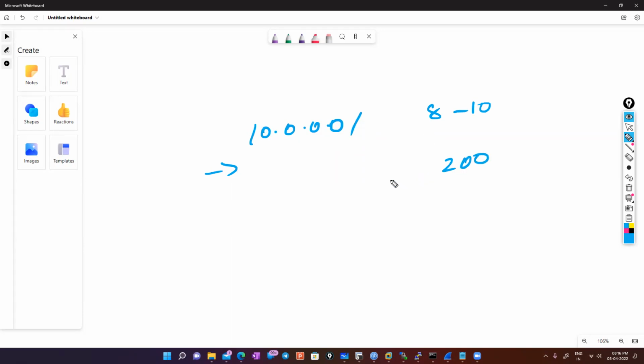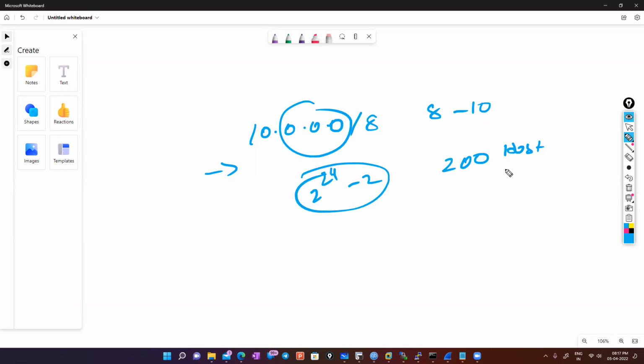But don't waste the network bits, just make it 200 hosts, that's fine. I want 200 hosts. How do we do that? The default value is 8, so I get 2 to the power 24 minus 2. But I just need 200 hosts.